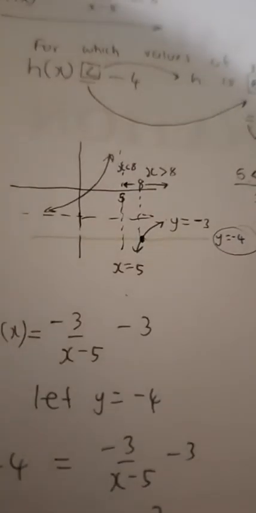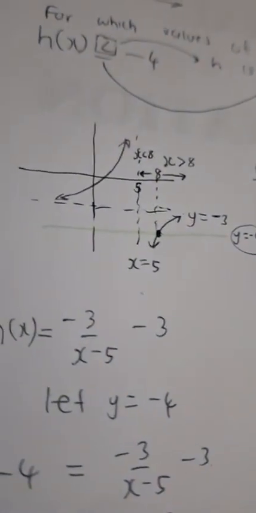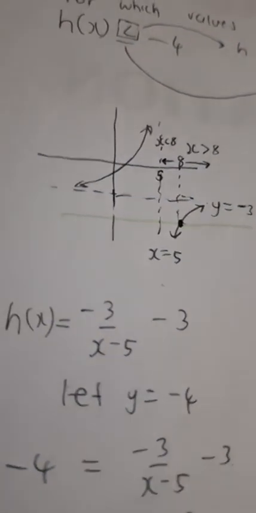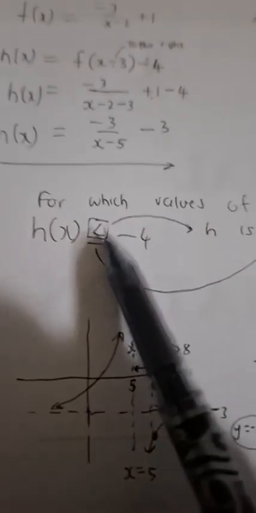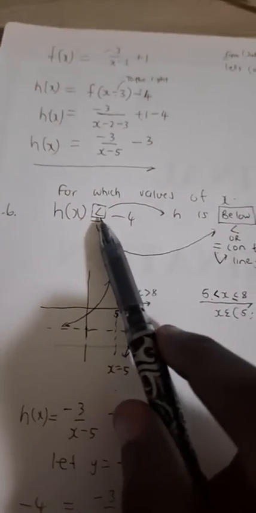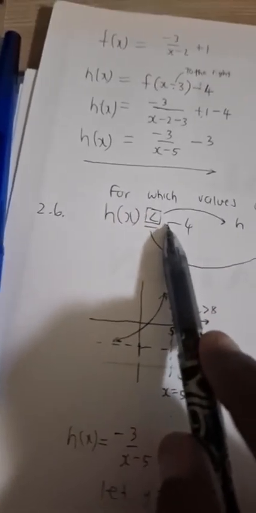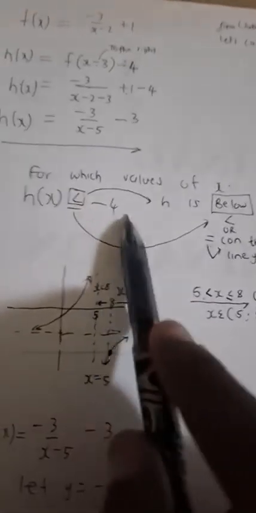So that is why a sketch, guys, a sketch is very important, so that you can interpret, firstly, what does the question mean? Right? And that's why you see me unpacking this. H of x, the new function, less than means what? Below what?